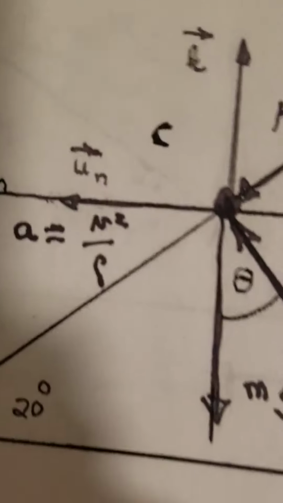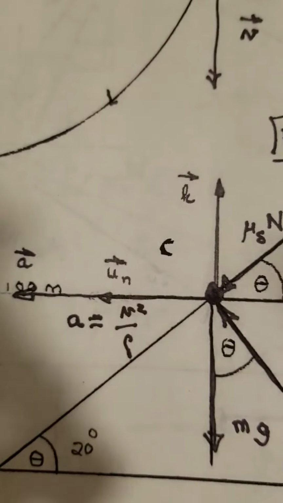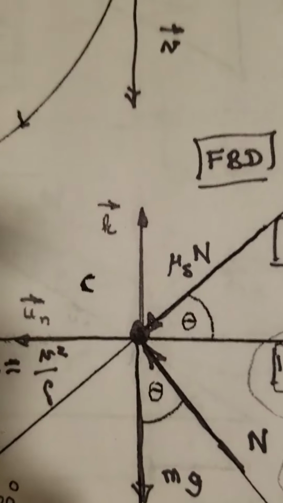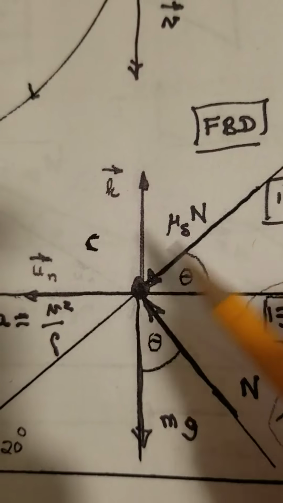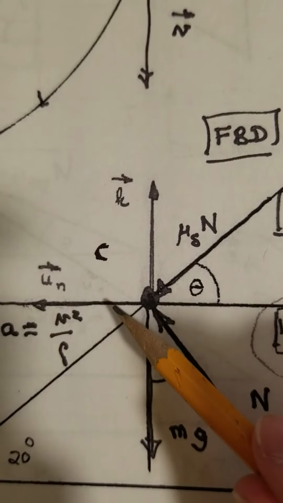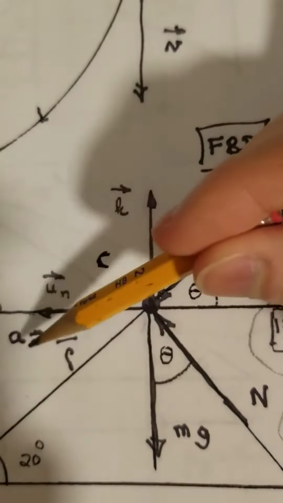Here's a diagram to show this. Let's see if I can find it. This is not right. Okay, then here it is. This might be a little bit messy. Yeah, so you have a friction force that's pushing the car inwards here along this direction, downwards.